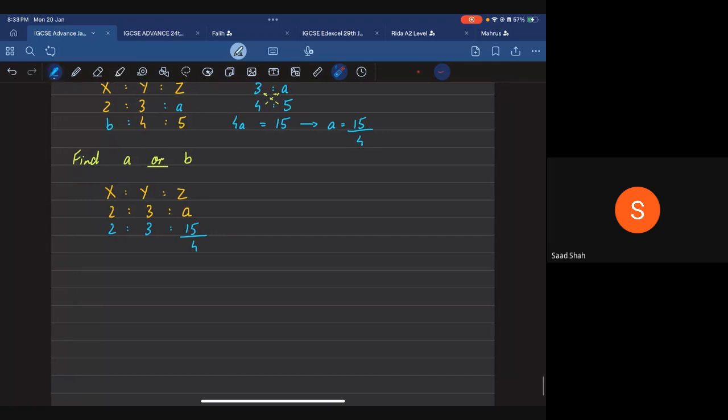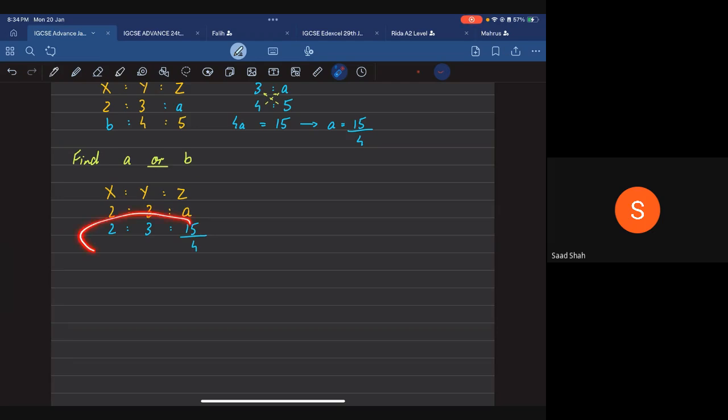Now, in order to make this a bit easier, I need to make this into a whole number. In order to do that, I'm going to have to multiply or do some sort of function to it.